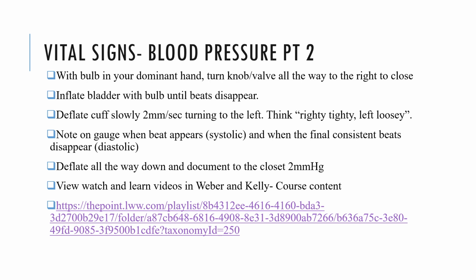When the final consistent beat disappears completely, that is the diastolic number. But keep decreasing the air all the way down to where it's completely gone. You're going to document what you saw to the closest 2 millimeters of mercury. The gauge is in even numbers.